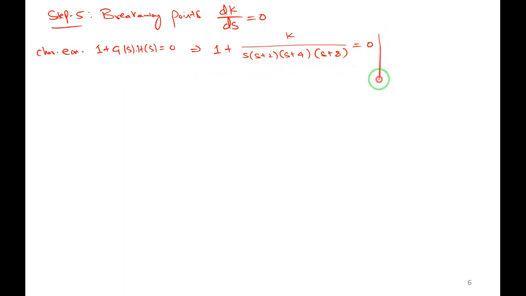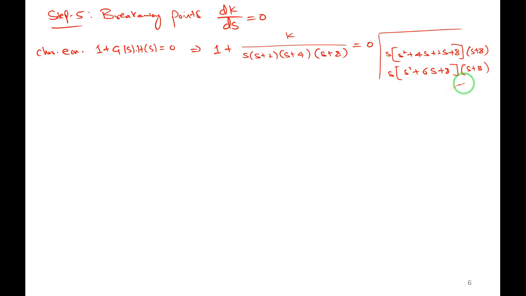I will multiply roughly here. First I will multiply (s plus 2) into (s plus 4). So s into s is s square, plus s into 4 is 4s, plus 2 into s is 2s, plus 2 4s are 8, into (s plus 8). Next, s square plus 6s plus 8, into (s plus 8).